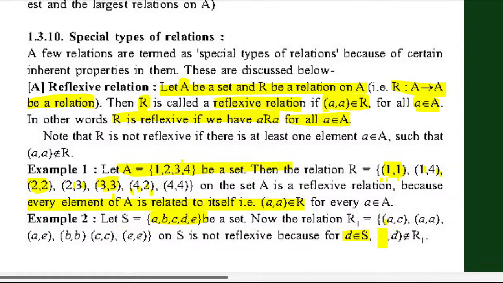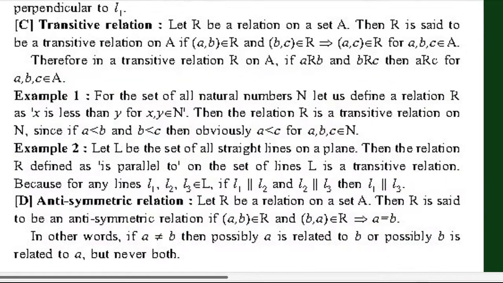But d does not belong to R1. You see in this relation R1, do we have (d,d)? (e,e) is there, (c,c) is there, (b,b) is there, (a,e) is there, but (d,d) is not there. So that is why it is not a reflexive relation.